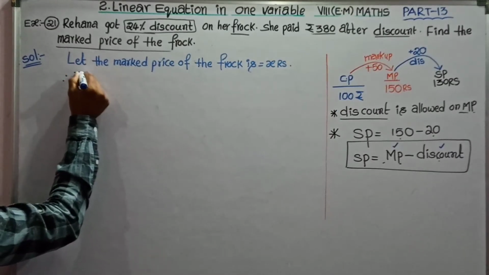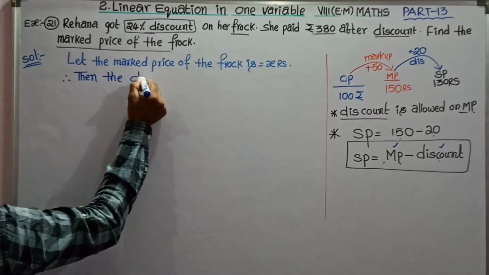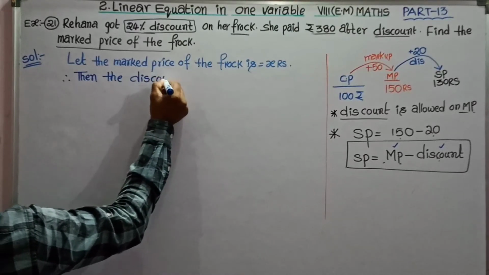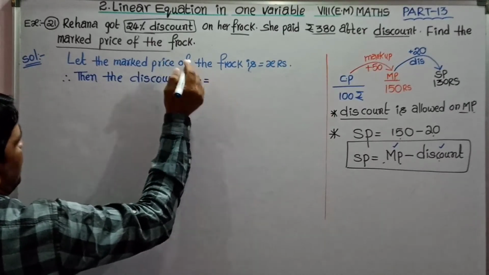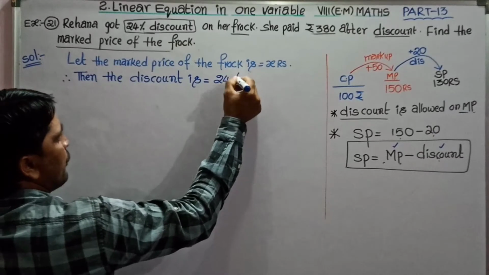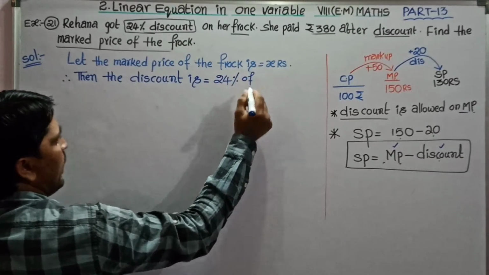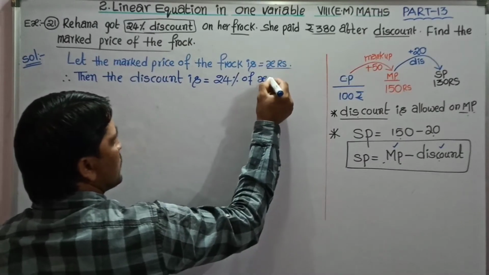Therefore, the discount is, she got 24% discount, 24% off, and discount is allowed on market price, that is X rupees.